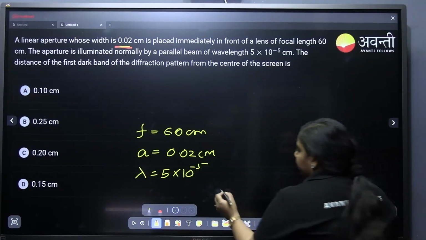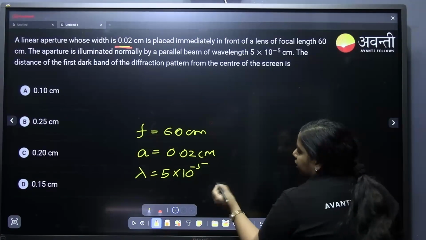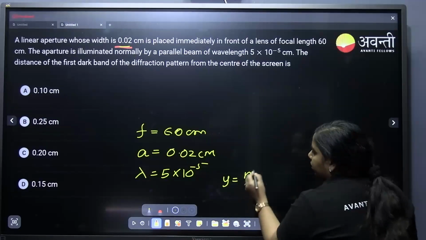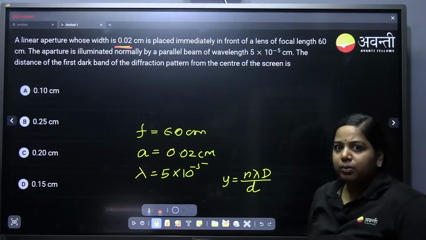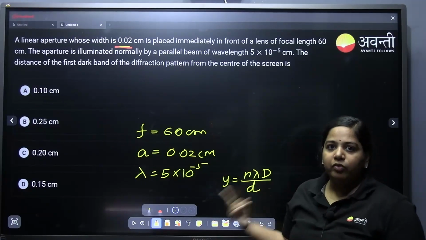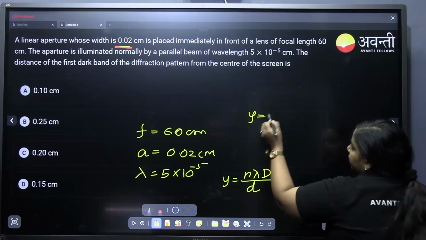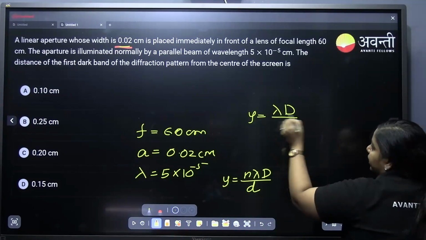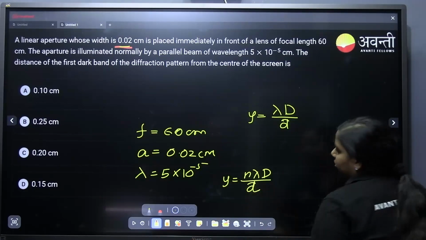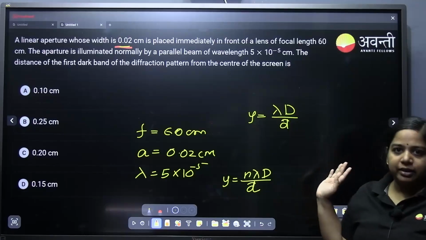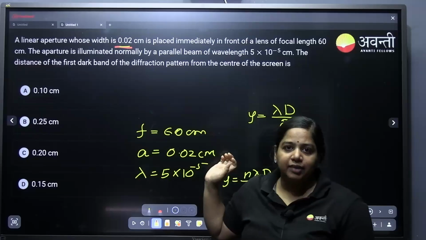So if we are finding the dark band in diffraction, y should be equal to n lambda D by a. This is the formula we already know. n should be equal to 1 if we are finding the first one. So y equals lambda D by a will be our answer, but D is not given. Some other focal length is given.